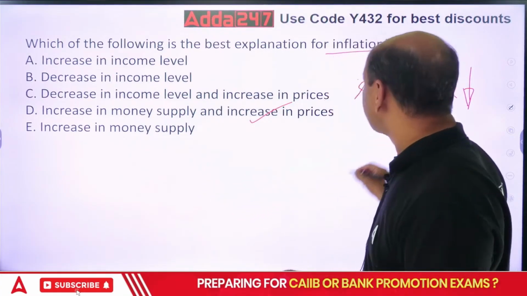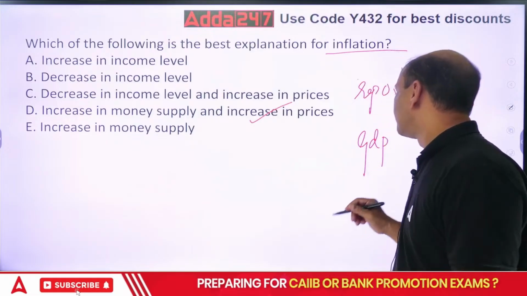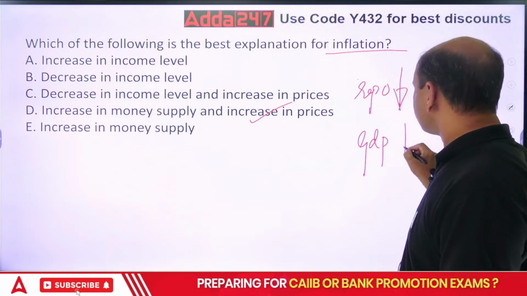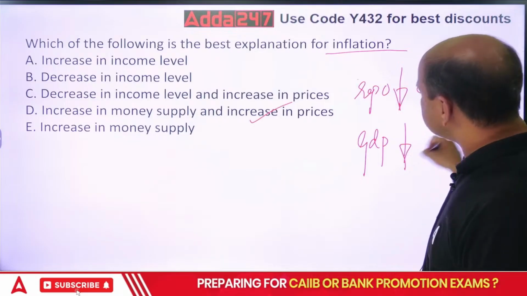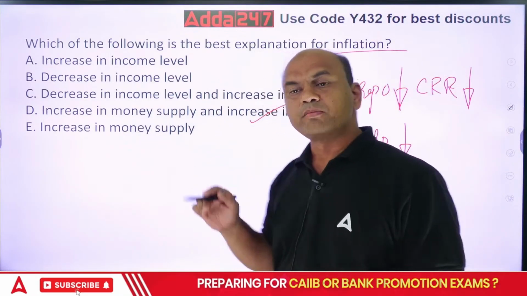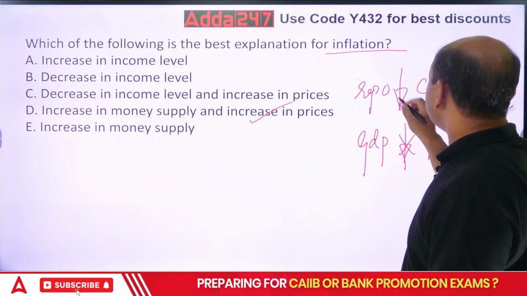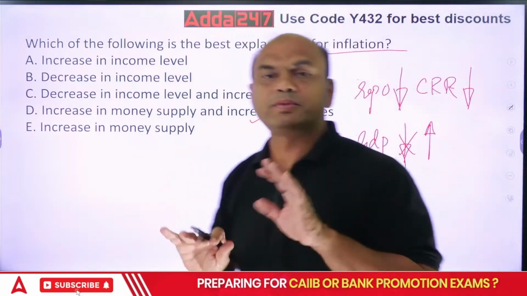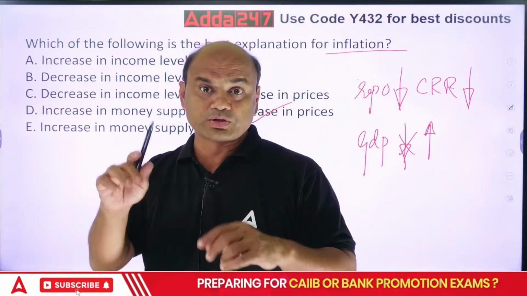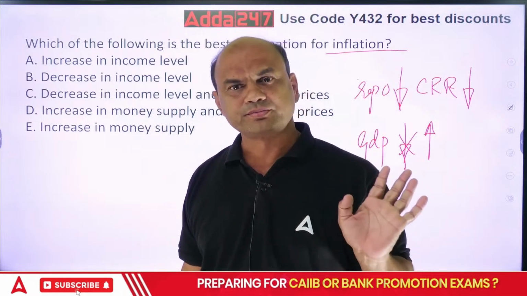Why? Because we are growing GDP. If GDP is also down, and then all these three are down, then there will be an inflation. But if the GDP is going up and these two are down, then there will be no inflation. But it should be proportionate.